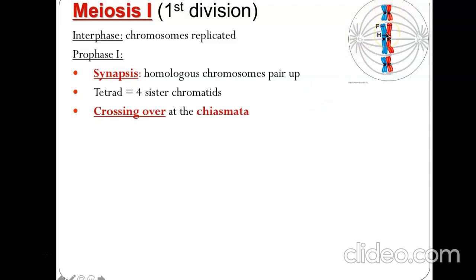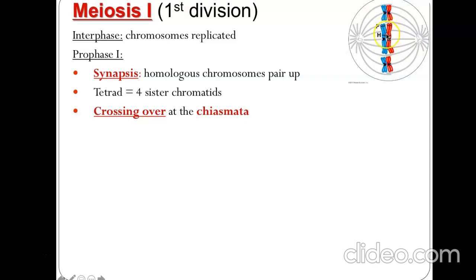They do this thing called crossing over. The site of crossing over, which means the location on the chromosome that breaks off and switches places, is called the chiasmata. So if you look right here, do you see how this red one took a piece of blue and this blue one took a piece of red? They synapsed, they crossed over.